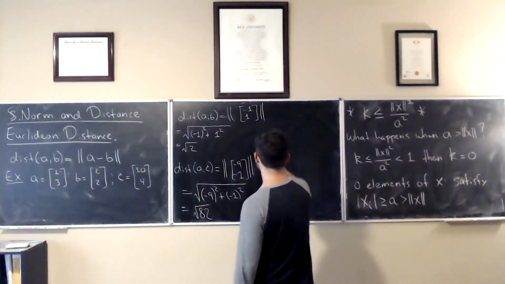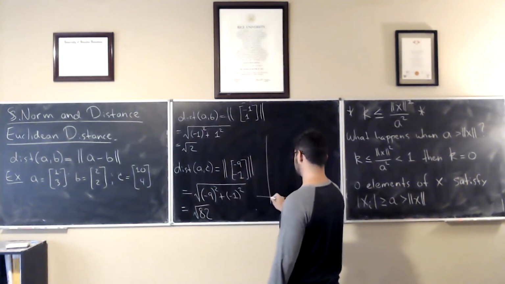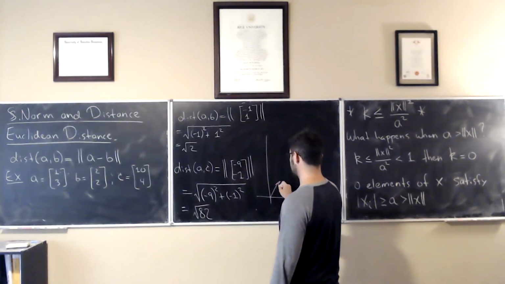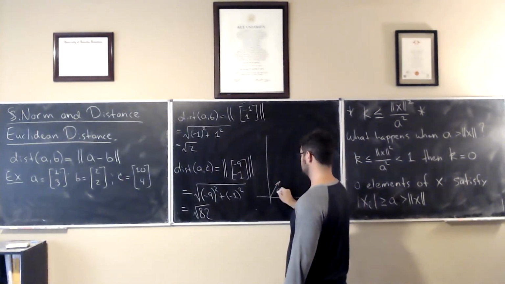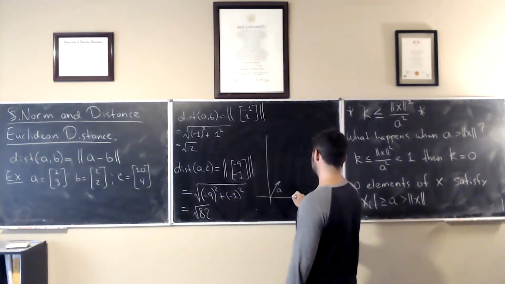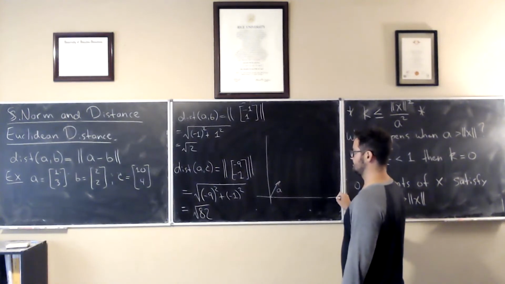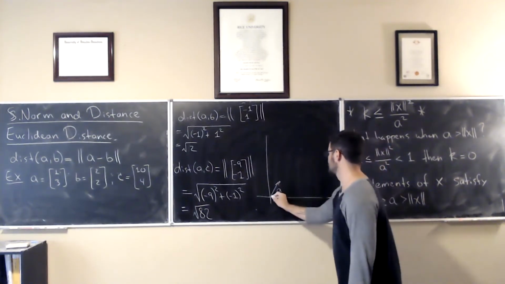And that's because if we look at A, so (1, 3), and then C would be (10, 4), so 1, 2, 3, 4, 5, out to 10 and then up 4.